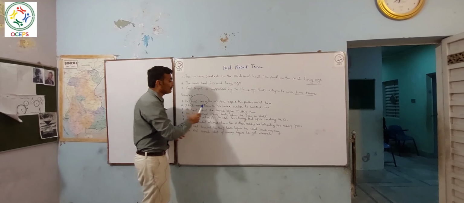Actually, the person claims that I had never been to his house until he invited me. So there are two tenses: one is past perfect, another is past indefinite tense, and until is the time frame.